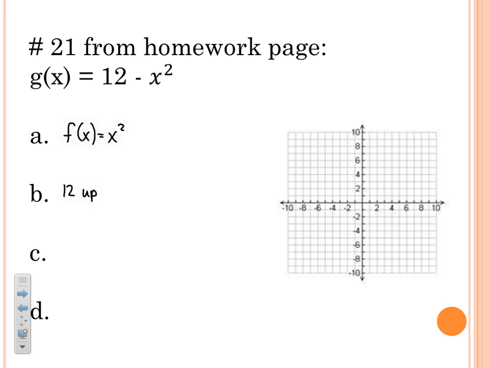And what does the negative in front of the parent function end up meaning? That means we're going to have that reflection. So the negative in front of x squared tells us that we're going to have a reflection on the x-axis.